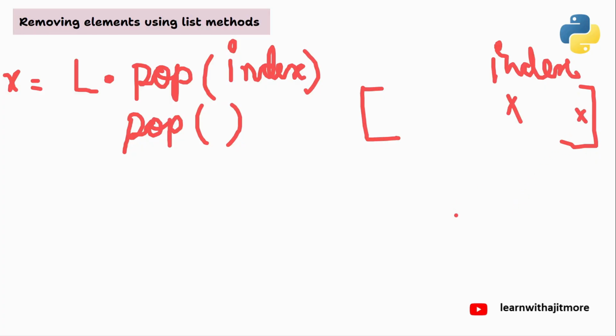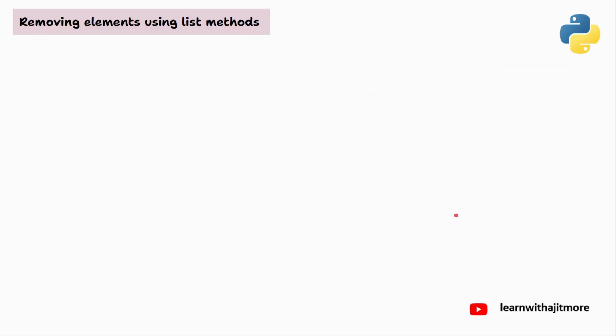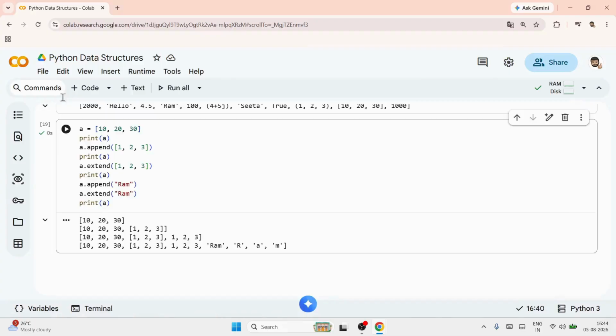By default कौन सी element remove होती है? Last. ठीक है. तो ये basic rules है. फिर और भी methods है, we will be learning, like remove है, del है, clear है. ओके, पहले pop के बारे में बात करते हैं. So list dot pop and the index. Understand, index is optional. If you don't give index, it is going to delete the last item.